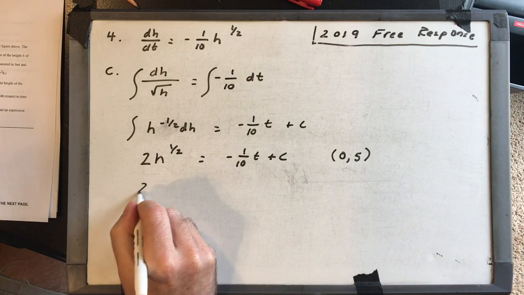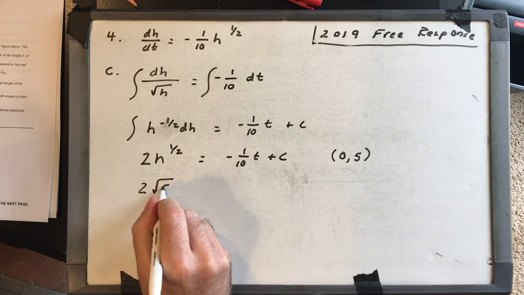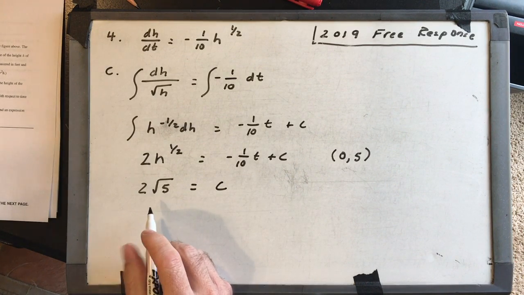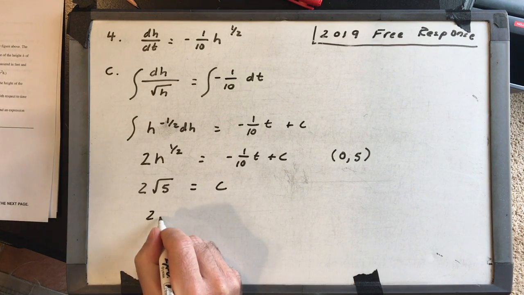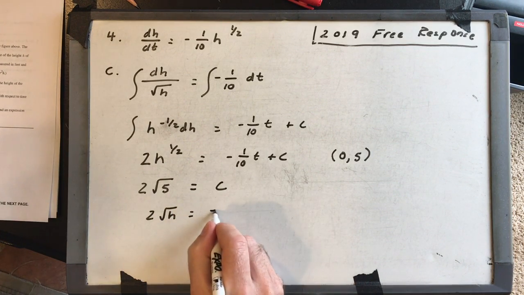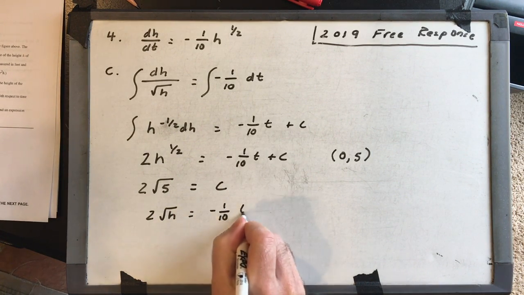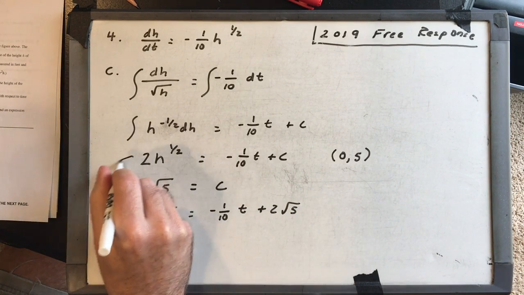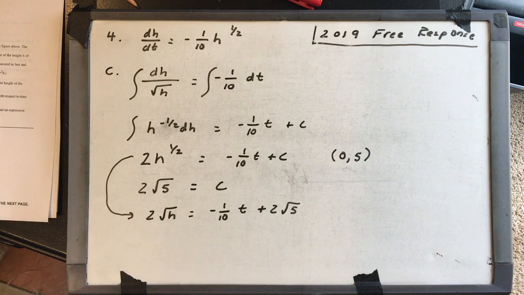So we'll plug in, that's going to be 2 root 5 is equal to c. So we would have 2 root h, plugging in c, is equal to negative 1/10 t plus 2 root 5.